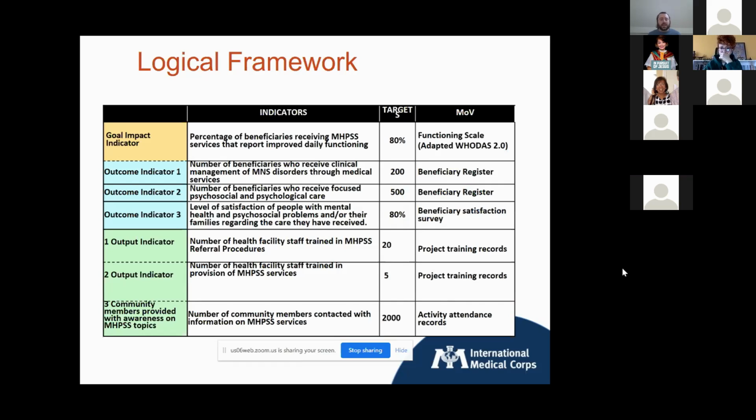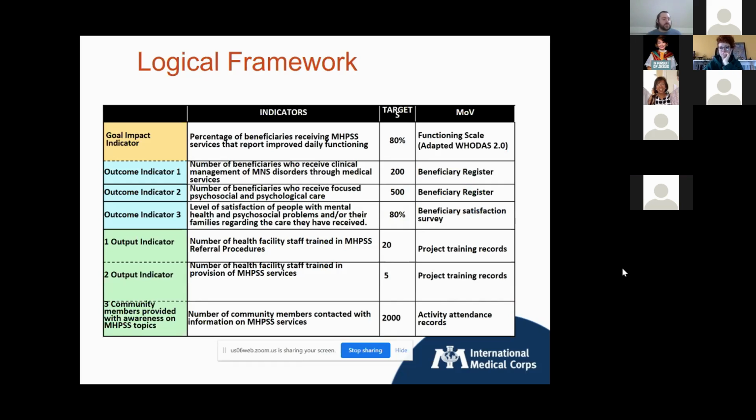So the overall goal impact indicator, which was related to the functioning levels of beneficiaries. The indicator chosen here, adapted from the framework, is the percentage of beneficiaries receiving MHPSS services that report improved daily functioning.